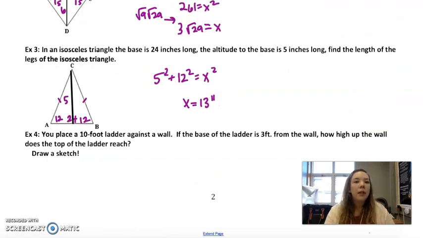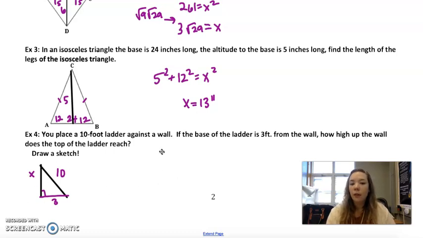You place a 10-foot ladder against a wall. So this will be my wall. Here's my ladder. Okay, 10 feet. The base of the ladder is 3 feet from the wall. How high up on the wall does the top of the ladder reach? So pictures always help in these kind of scenarios and often will require a picture on a quiz or a test.